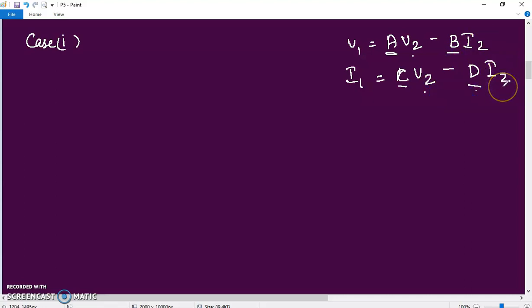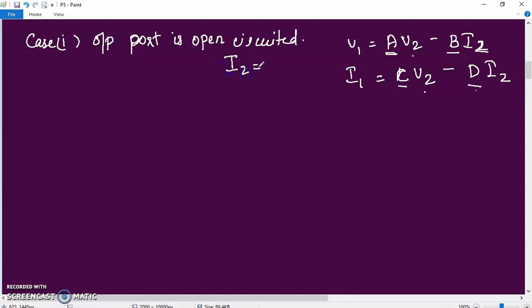The output port 2 means this output port, and current is 0 means it should be open circuited. So case 1, output port is open circuited, that is, I2 is equal to 0.